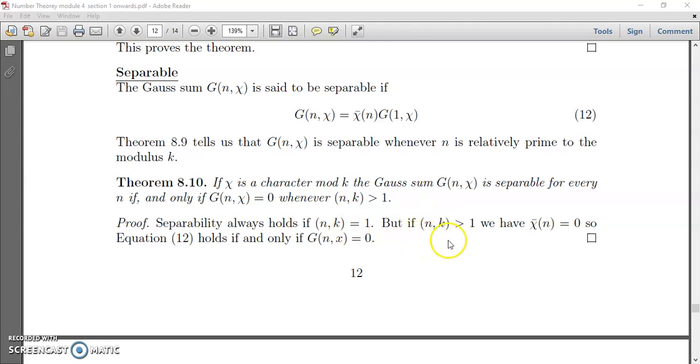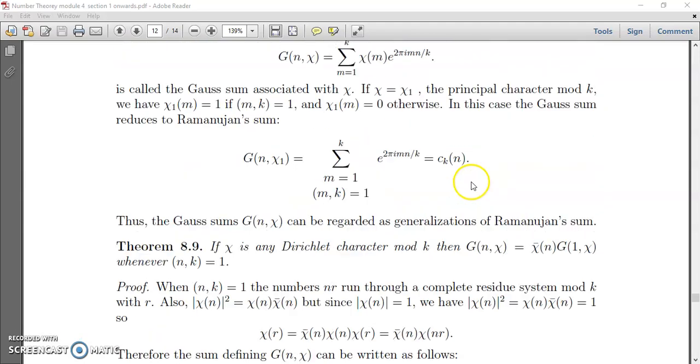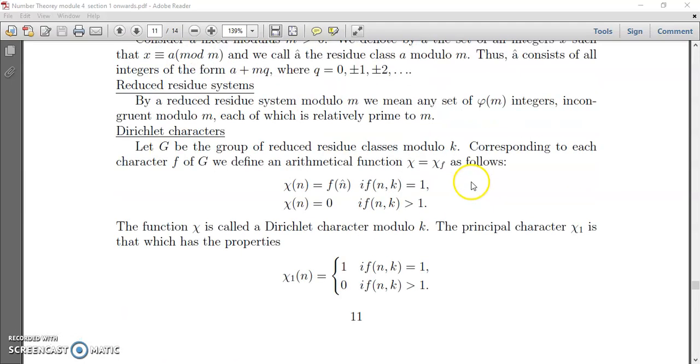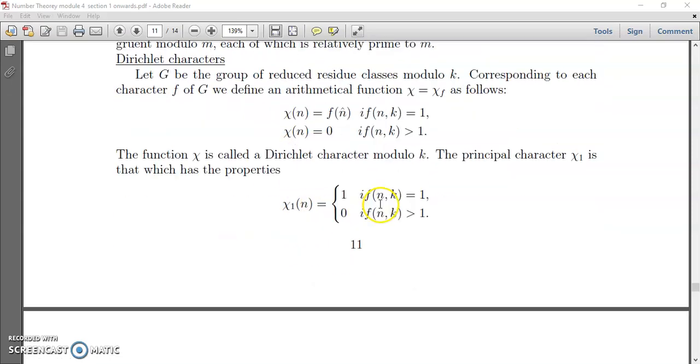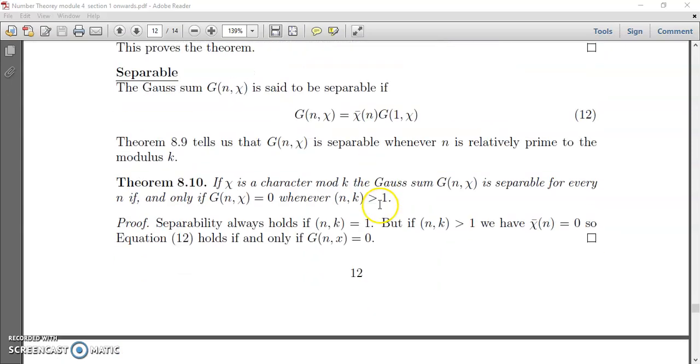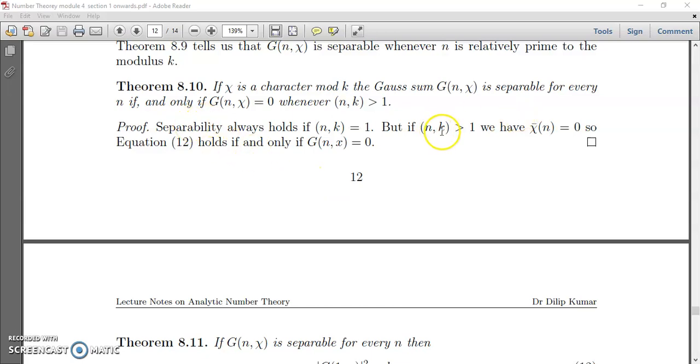But if the GCD of n and k is greater than 1, by the definition of a Dirichlet character, chi of n is 0 if the GCD of n and k is greater than 1. So this is 0, which means chi bar of n is also 0.